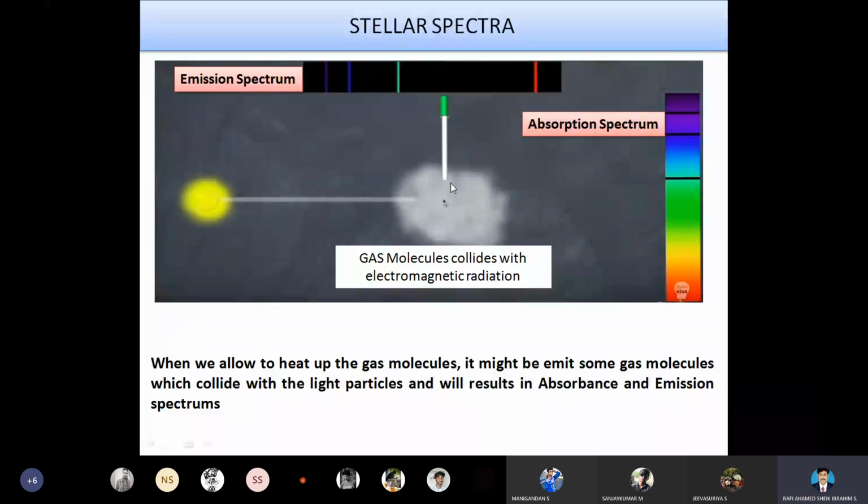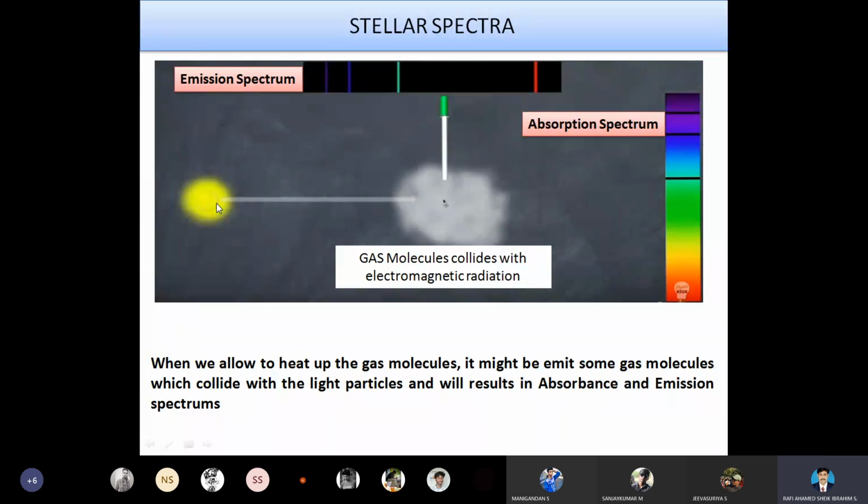Likewise, here we have a gas cloud. This gas cloud is filled with energy. At the center, at the core, we have a huge mass of energy, and on the surrounding we also have energy. That energy is transmitted and moves through space.